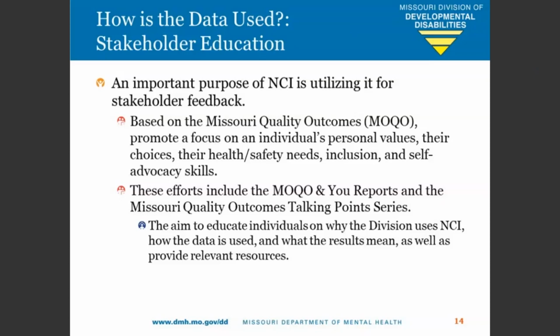But the Result Quality Outcomes is a framework that promotes a focus on the individual and what their personal values are and their right to make choices in their lives, and also that their health and safety needs are met, that they need to be included in community activities, as well as self-advocacy skills.